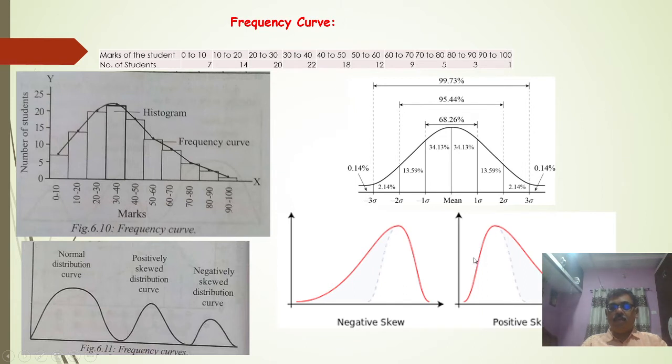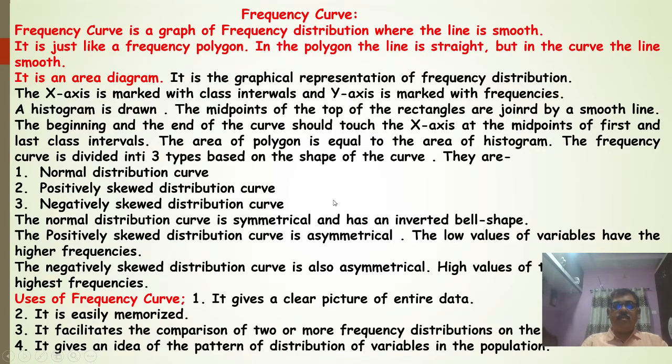Such types of curves you can observe in a frequency curve. The normal distribution curve is symmetrical and has an inverted bell shape.